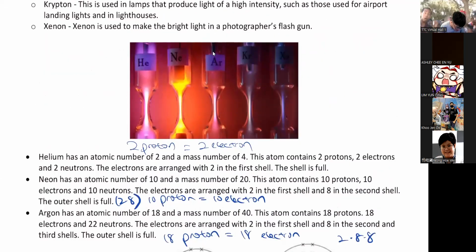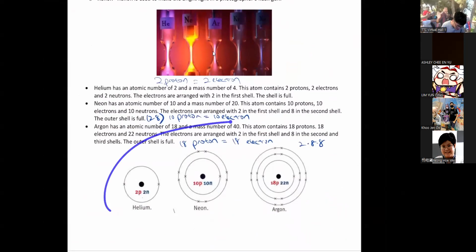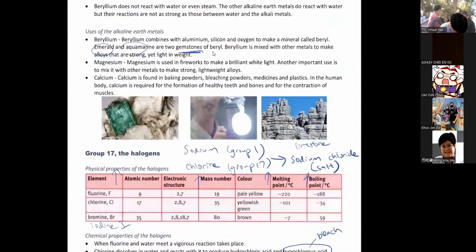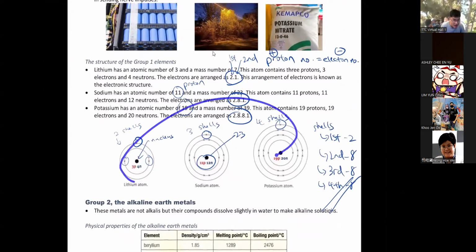All right, so anyway, that's it for this chapter. I know this electron part is very hard, but it's actually not very hard lah. I hope I made it clear for you, because next year you'll be learning the exact same thing again in chemistry.